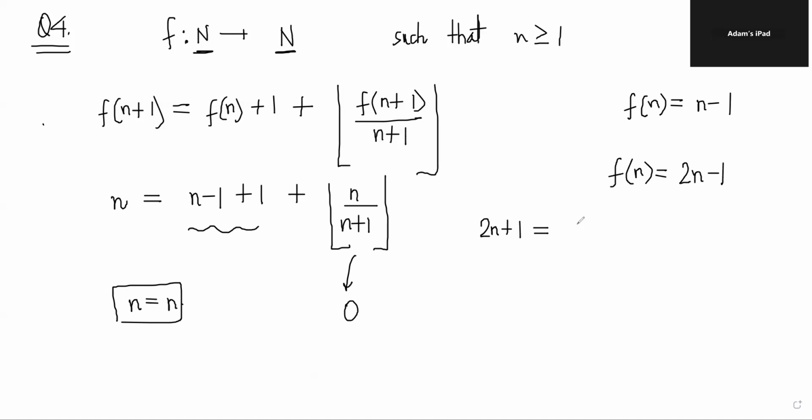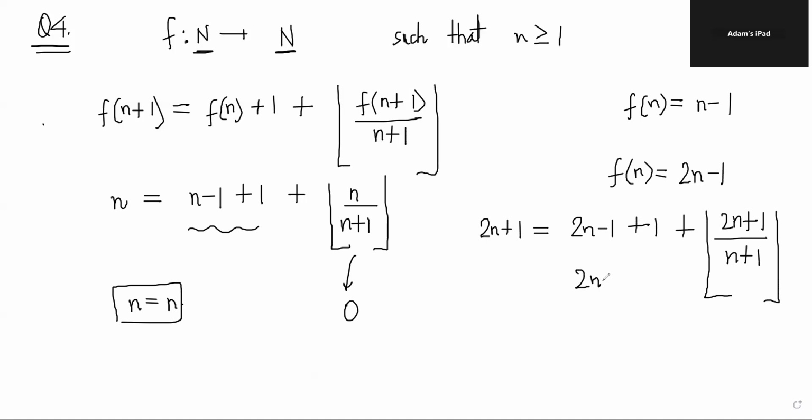Is equal to f of n, which is 2n minus 1, plus 1, plus the floor of f of n plus 1, which is 2n plus 1, by n plus 1. So now if you think about it, this is giving us 2n here. And this is n plus 1 plus n by n plus 1, that is 1 plus n by n plus 1.